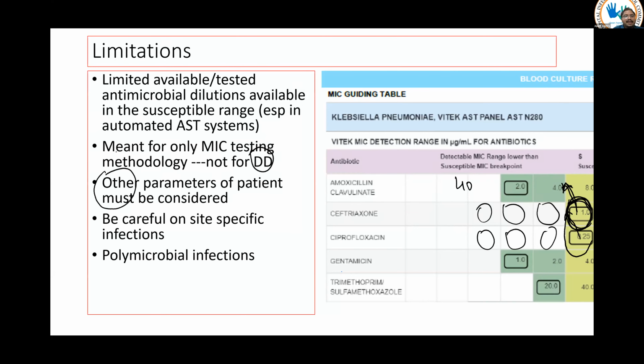Okay, then for polymicrobial infections from the same site or different sites, you should always choose a common drug. Reduce the number of antibiotics fed to the patient. You should give, if possible, a monotherapy of antibiotic for 2 or 3 infections if such a drug is available, which can cover all the 3 site specific infections. So in those cases, we have to modulate a little with our TI concept.